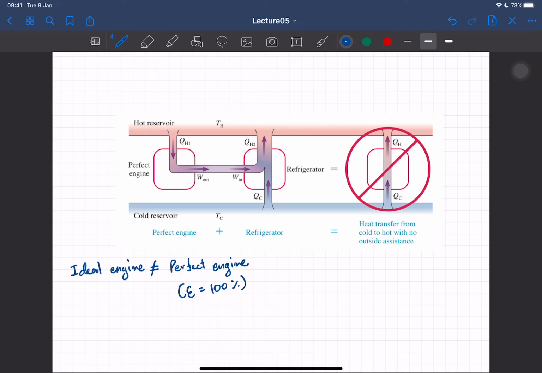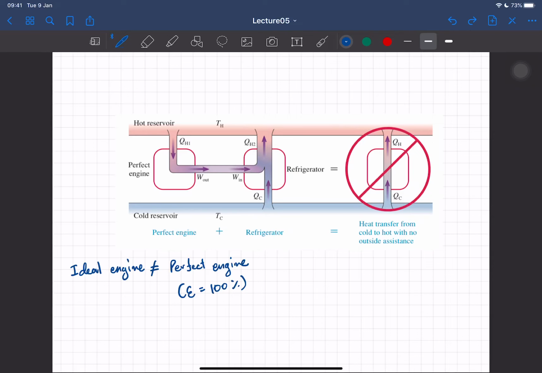So an ideal engine has to obey physics, but physics tells us that you cannot have 100% efficiency of the engine, which is a perfect engine. That's not ideal, okay? That's even better than ideal. That's when you don't care about physics. Okay, so ideal engine is what we're going to talk about in a few moments.